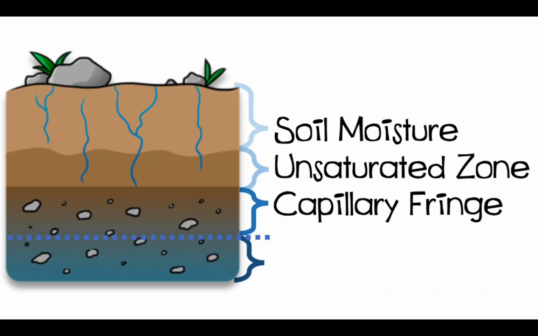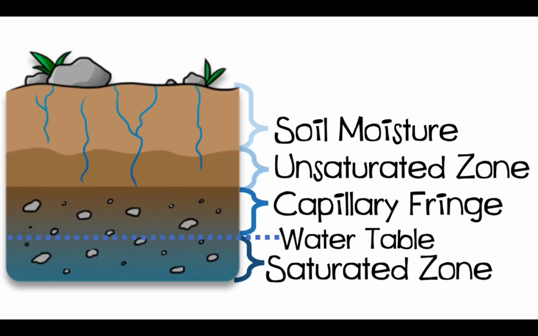So the different layers that help contain groundwater. At the top, we have soil, which kind of provides a layer not just for water, but also for the things to grow. You have the unsaturated zone, which is more of like a clay-like material. You have the capillary fringe, which is kind of a mixture of clay and rock material.